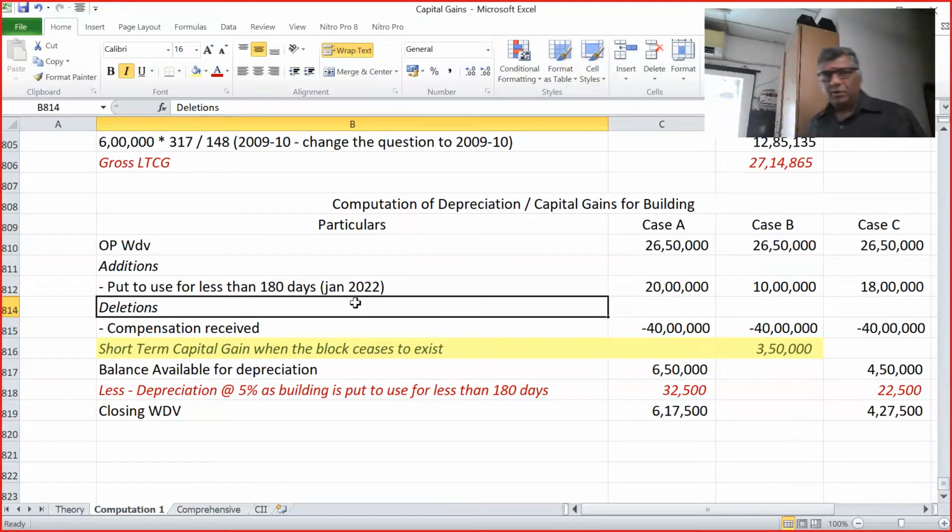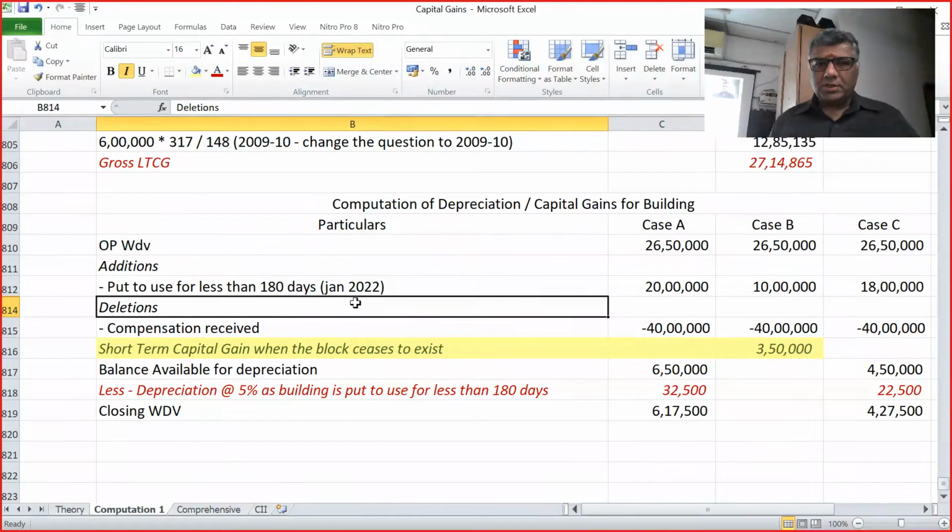Up to this, we will do the main exemption after it.